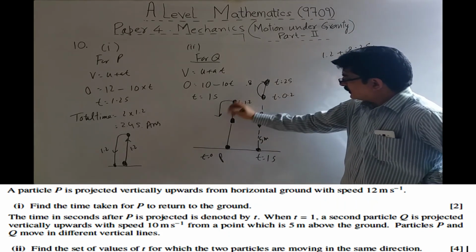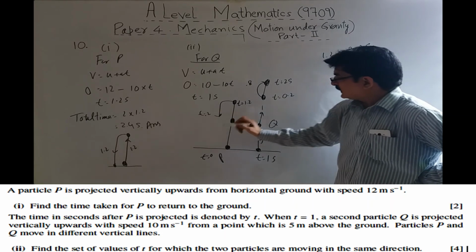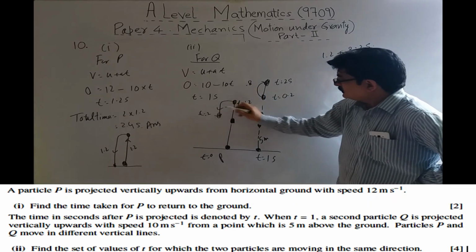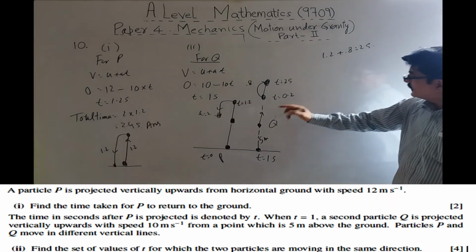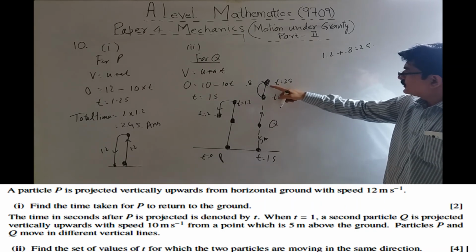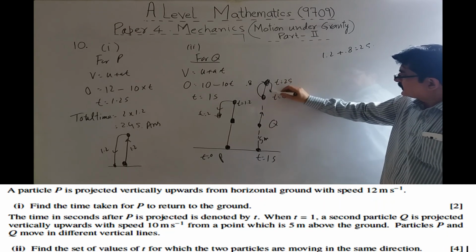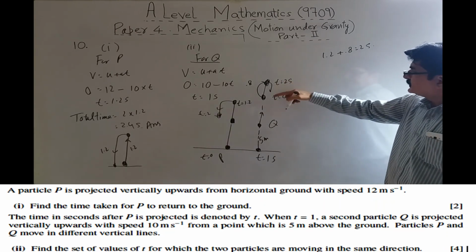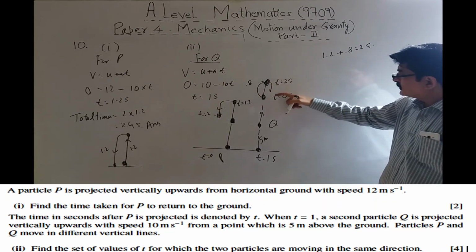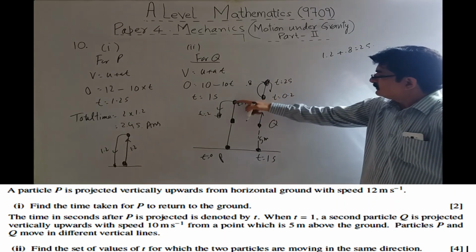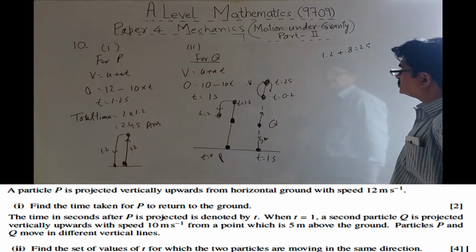P is moving down, and after 2 seconds, Q will be at the highest point. Then it will turn and come back. So after 2 seconds, Q will be moving down and P will also be moving down.